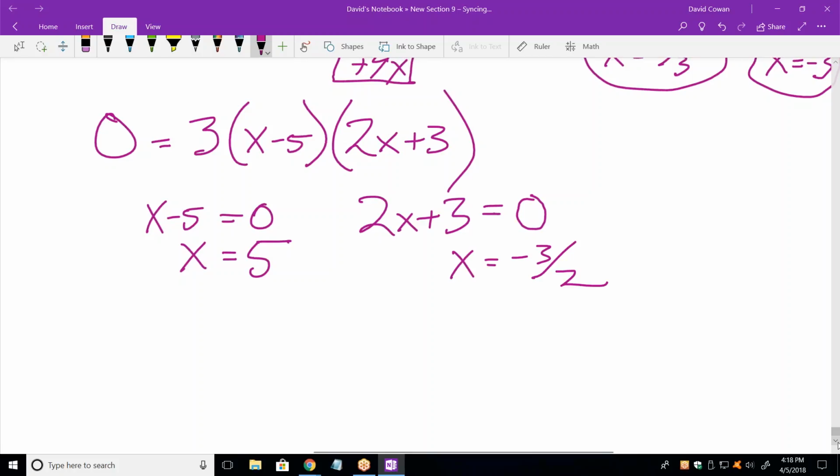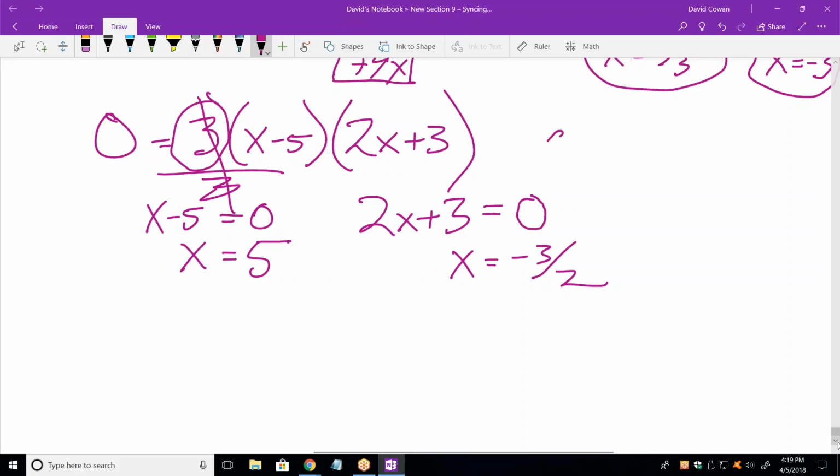Now what about this 3 right here? That can't be 0, right? In other words, we do have 3 things being multiplied together here that equal 0, but we know the 3 is not one of them. So if I wanted to, I could divide both sides by 3 to get rid of that. 0 divided by 3 is still 0.